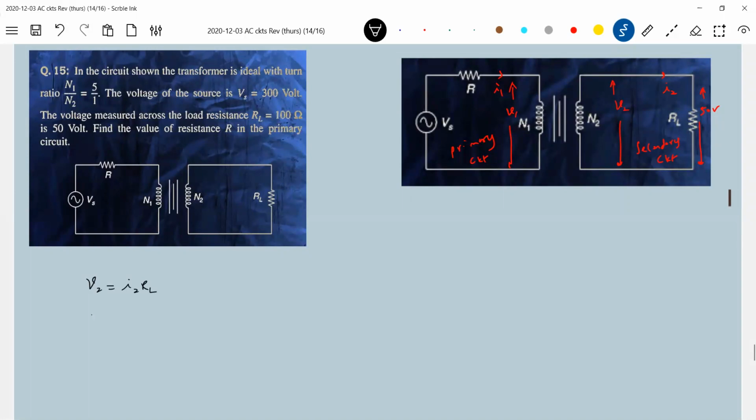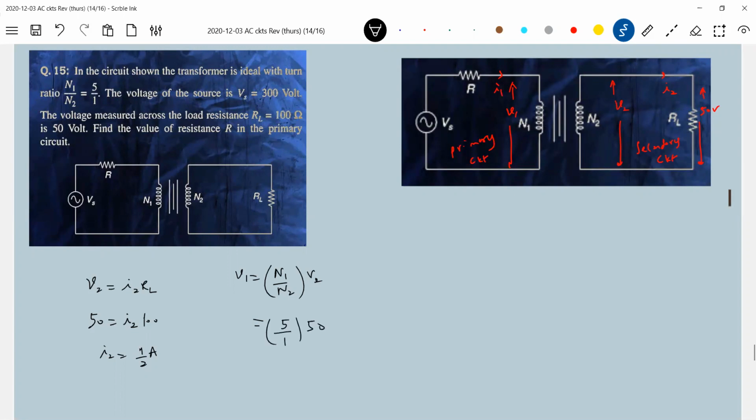So what is the value of I2? V2 is 50, RL is 100, so I2 is equal to 1/2 ampere. Then, any formula for secondary and primary voltages, how they are related? The primary voltage V1 should be equal to N1 by N2 into V2. Ratio of number of turns is 5/1.